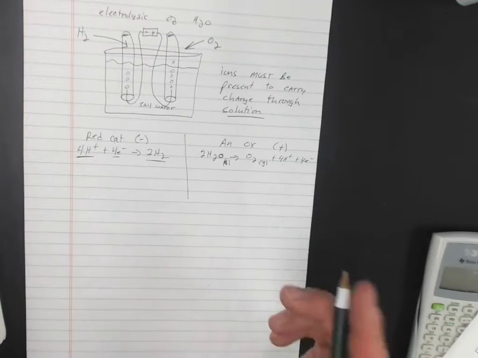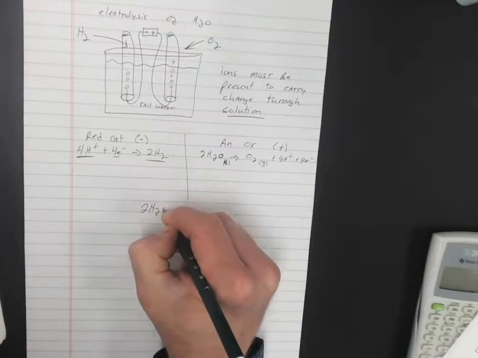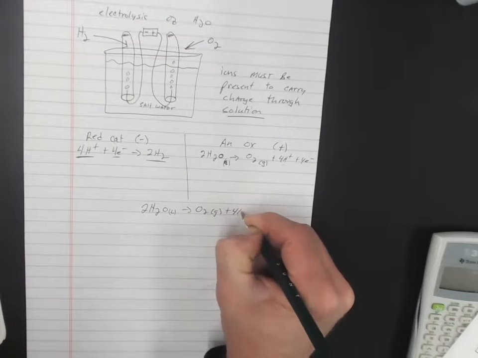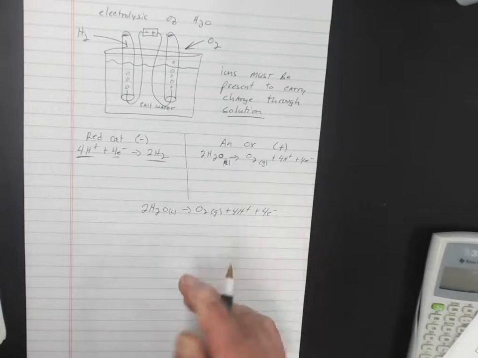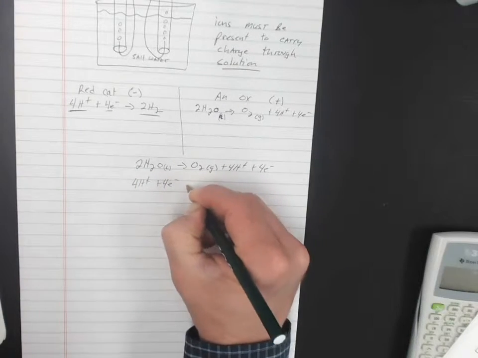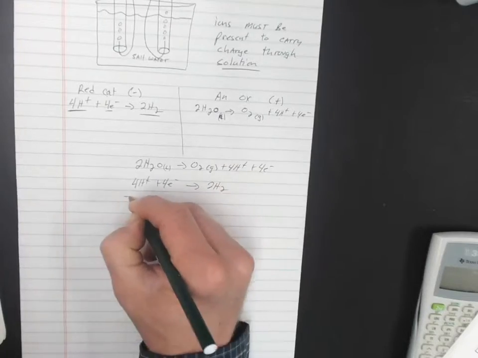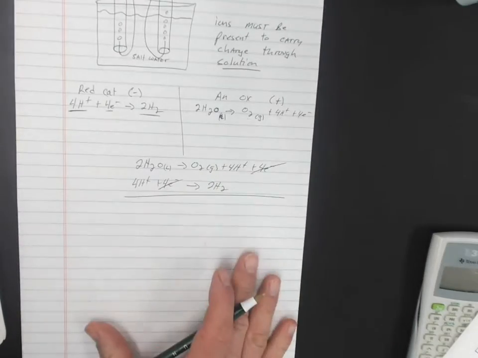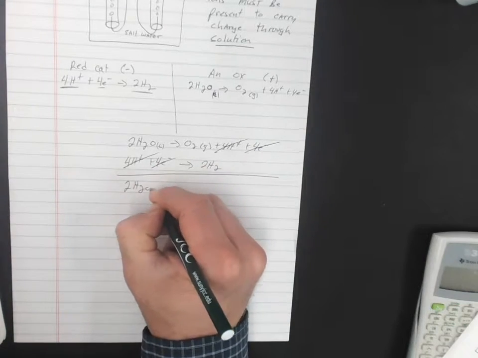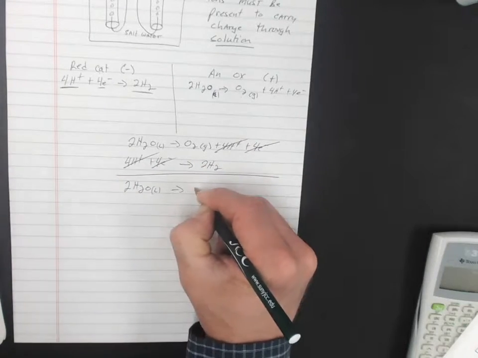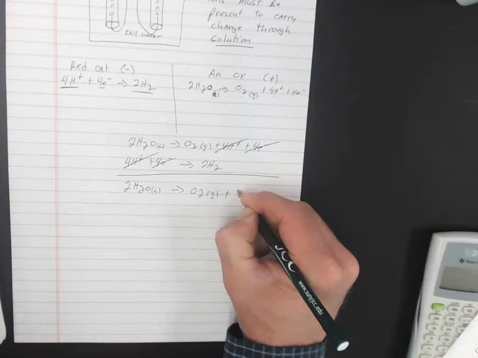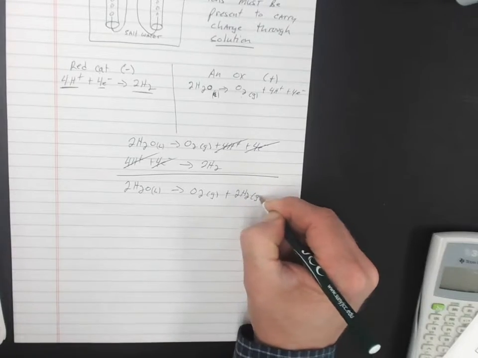If we add these together, 2H2O liquid yielding O2 gas plus 4H+ plus 4 electrons, and we add that to 4H+ plus 4 electrons yield 2H2, we're able to cross out our electrons and our protons, and we end up with our total equation as follows: 2H2O liquid yields O2 gas plus 2H2 gas.